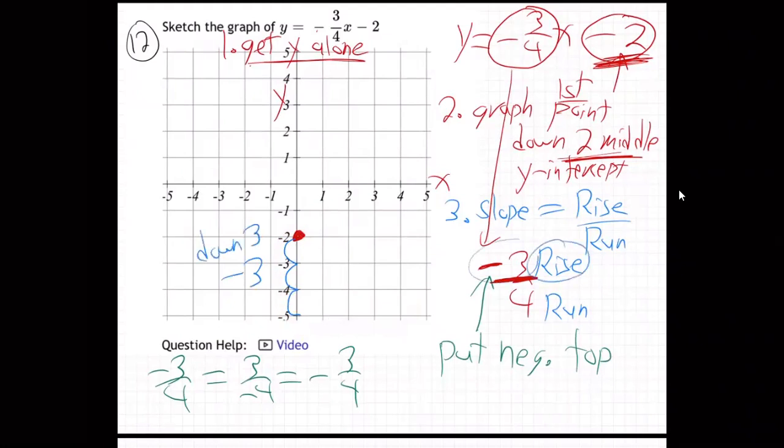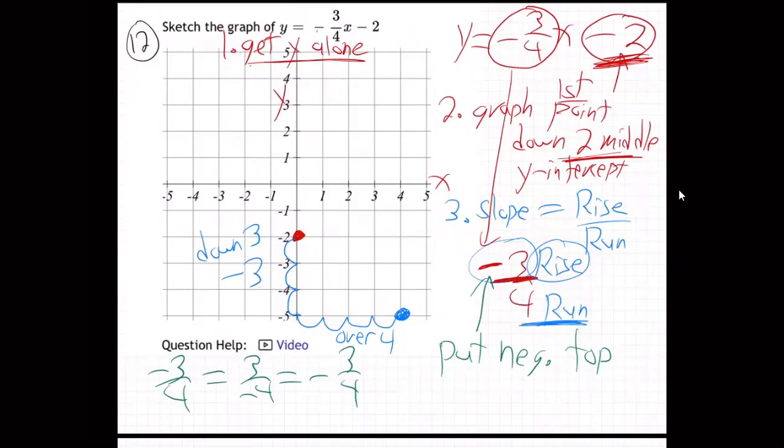You rise -3 and then over 4. 1, 2, 3, 4. There it is. There's our second dot. Over 4. You run 4. Yeah, you run sideways, like we run on the ground sideways, right? So there we go. Rise -3, run 4. Go down 3, over 4. There's your second dot. Connect the 2 dots. You get yourself a line. So I'm going to do that.